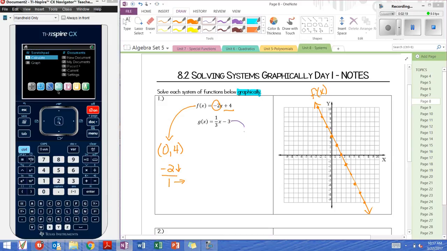All right, so you know the drill. We don't have to show a table of values because this is a line, but we do need to show our work: that our y-intercept is at (0, -3), our constant, and our slope is 1/3, which means up 1 to the right 3. So (0, -3), and then we're going to follow the pattern up 1 to the right 3.